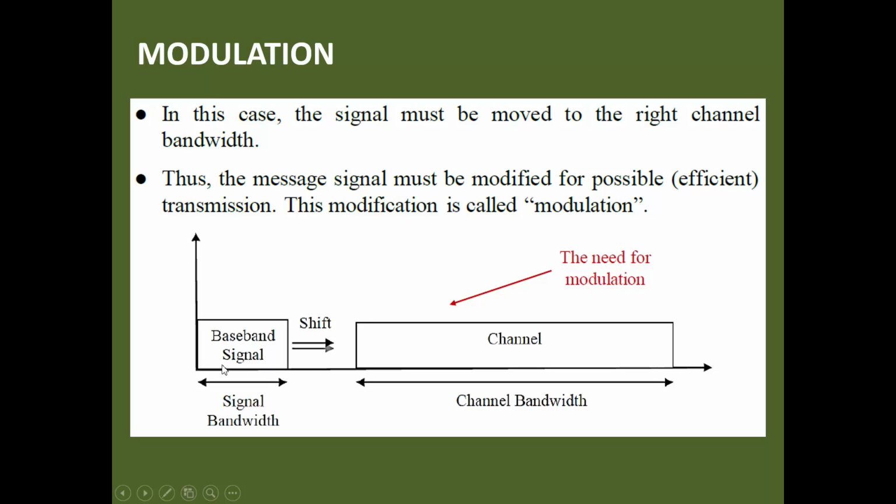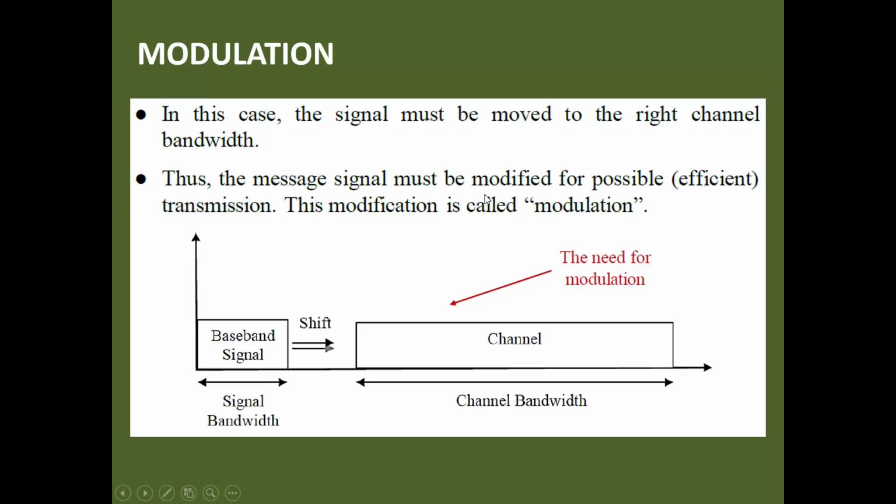So if the signal is lying here, and your channel provides you the bandwidth within this range, the signal has to be translated to this portion. So here you need some kind of modulation. That means you need some kind of translation of the baseband signal frequencies to the channel bandwidth, wherever the channel is offering a bandwidth. So this is one of the needs of modulation.